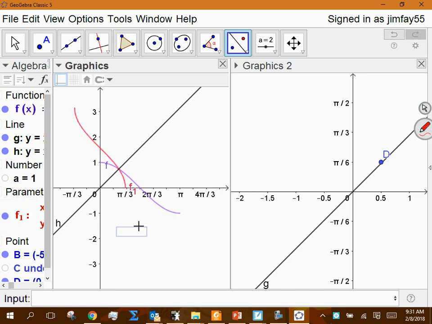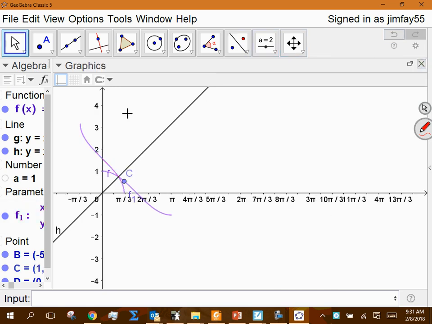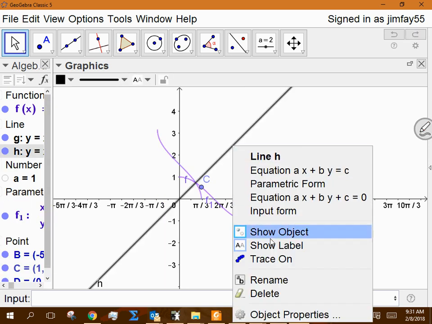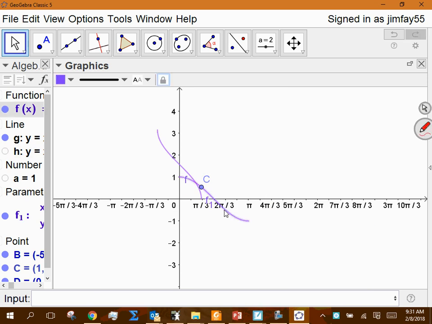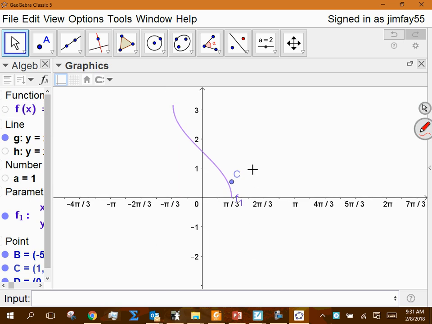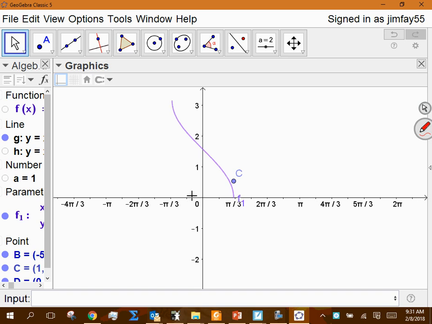But now when I look at this thing, let's get this one to go away. I'm going to hide it. That curve right there is the cosine inverse. Now the cosine inverse is going to have x values that we input here.